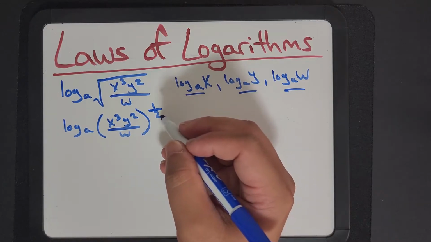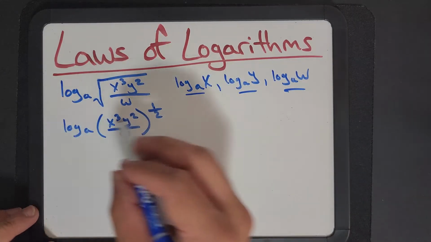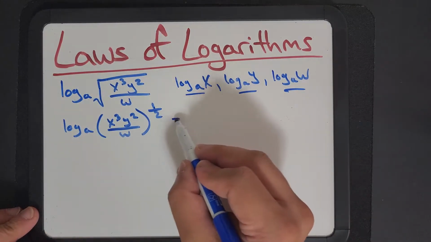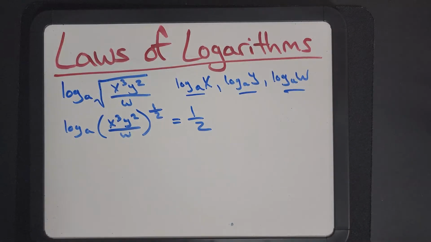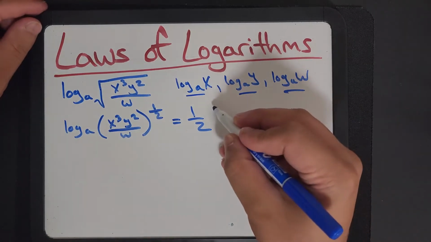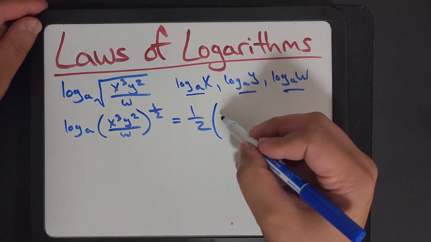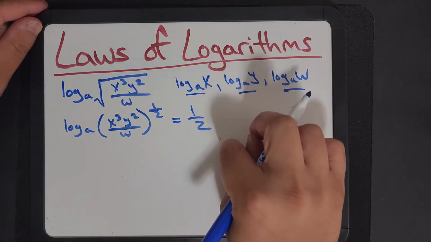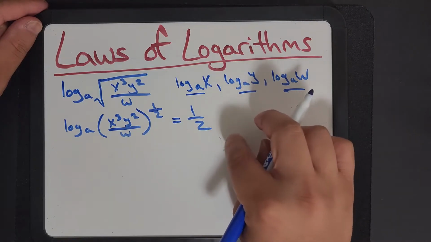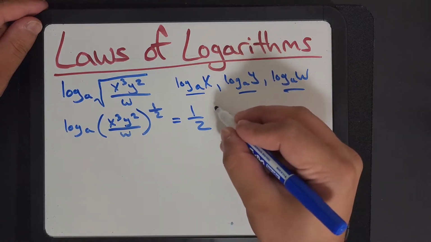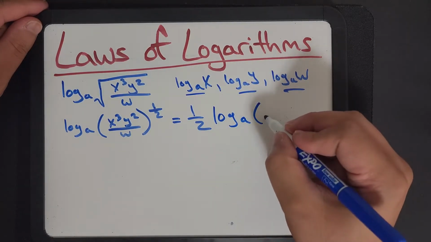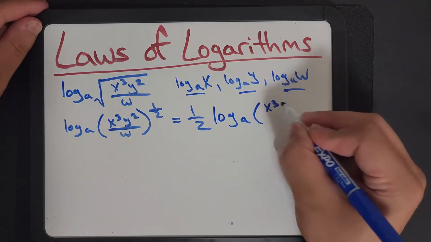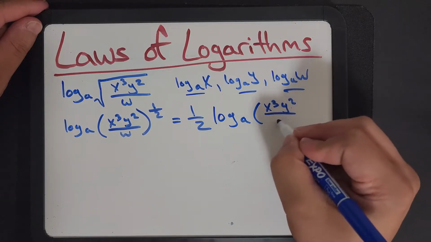And now that I have that, I can move that down using our product law, which is log a of x cubed y squared over w.